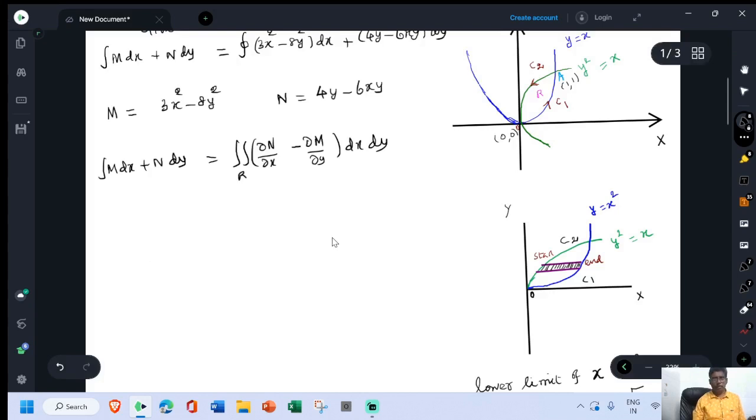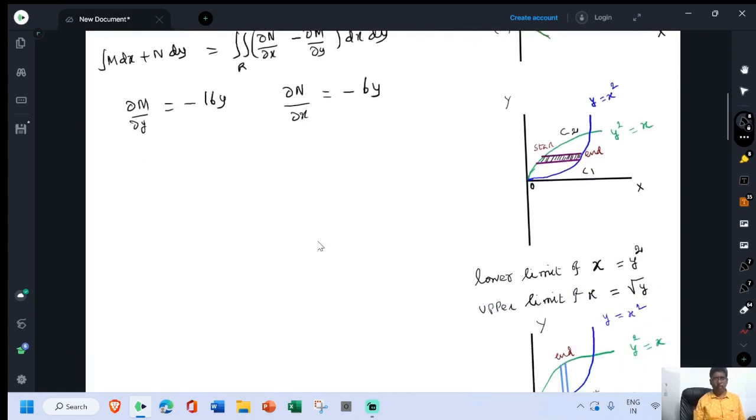Then find out the value of ∂m/∂y. Just differentiate this with respect to y. 3x square differentiation is 0. If you differentiate this, you get minus 16y. Then ∂n/∂x is equal to minus 6y.